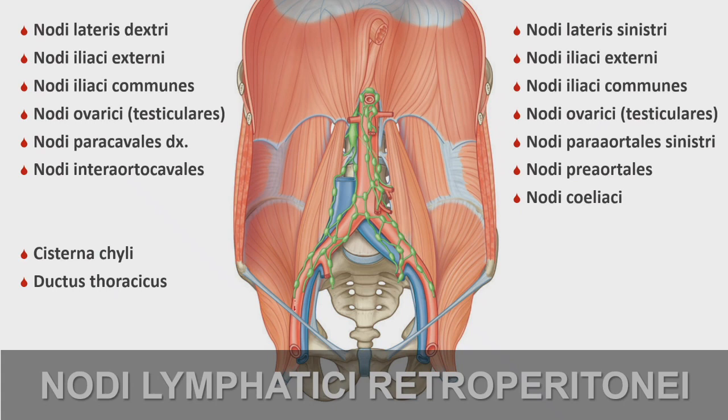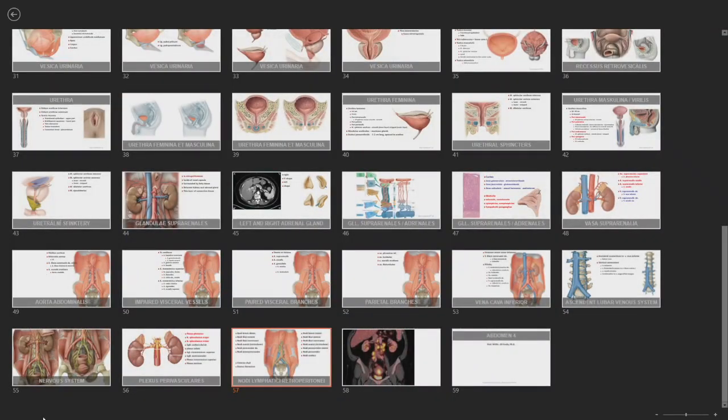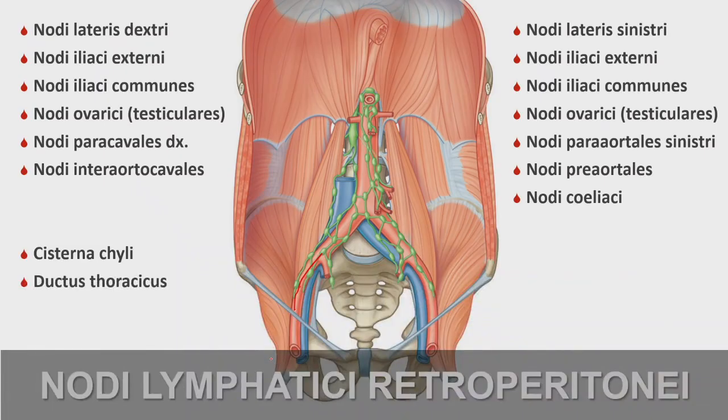The arrangement of lymph flow is that the lymph is going this way from the right part, and you can see that from the right part there is a connection to the three territories.